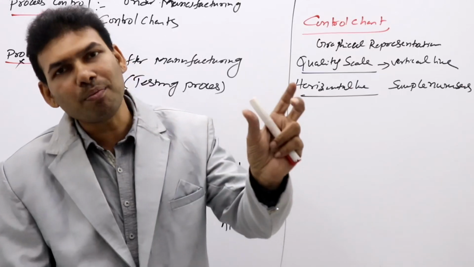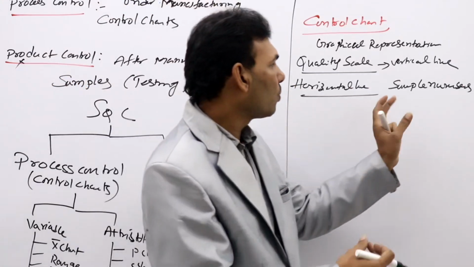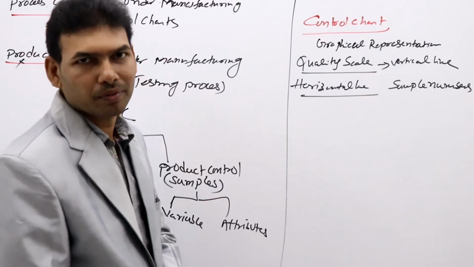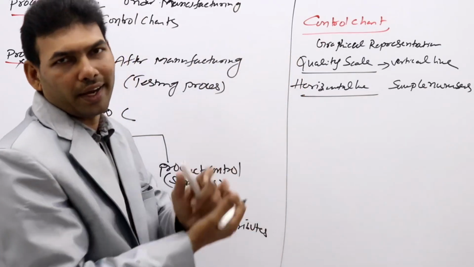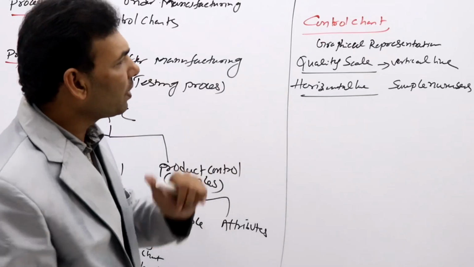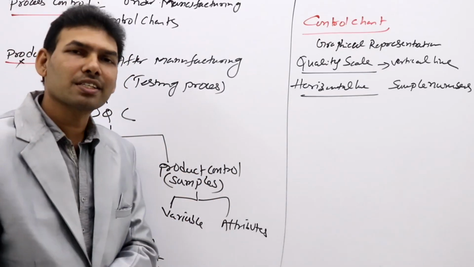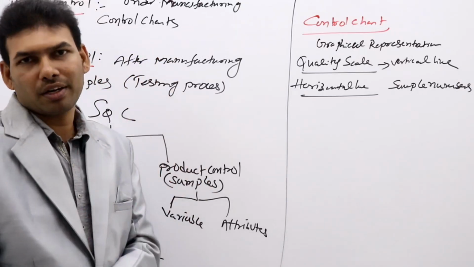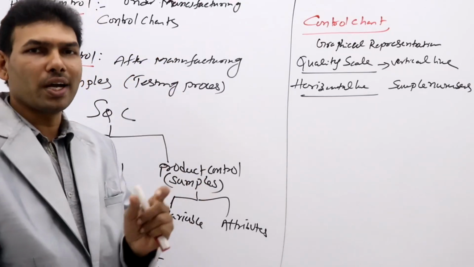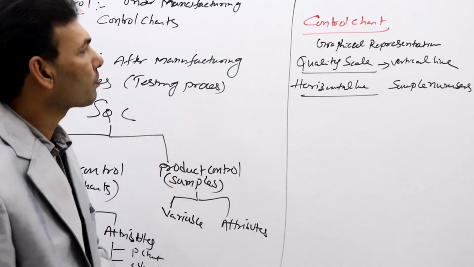The sample numbers will be noted on the horizontal line, and the standards will be plotted on the vertical line. The first sample quality, second sample quality, like that we will take some n number of samples.